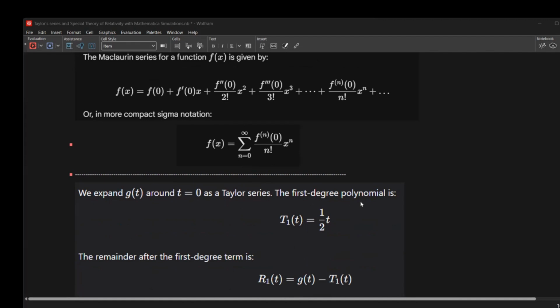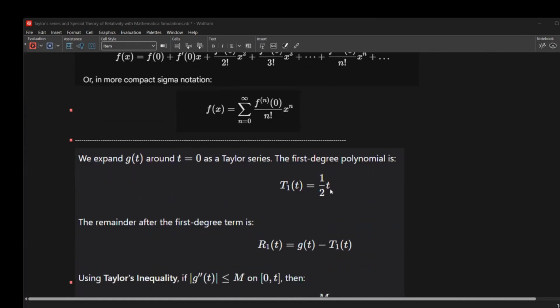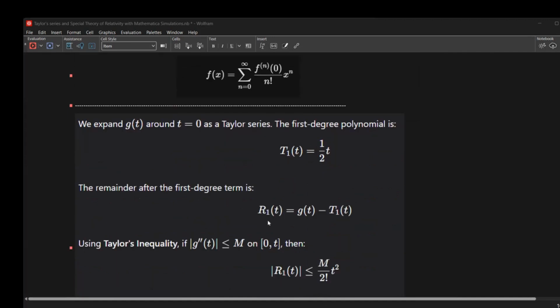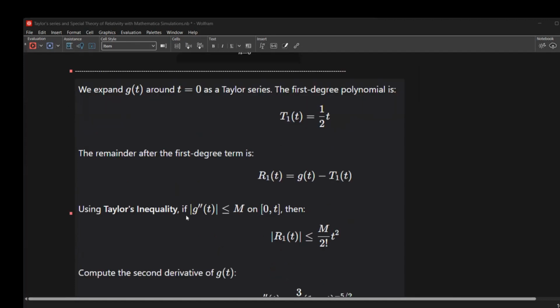So the first degree polynomial is 1/2 of t. And the remainder after the first degree term is g of t minus p1 of t. Then using Taylor's inequality, the absolute value of the second derivative of g is less than or equal to m on 0 to t.